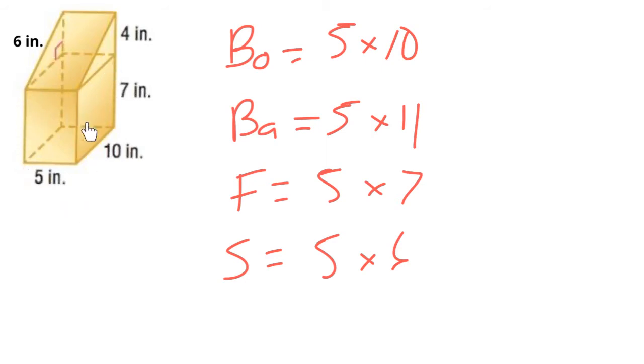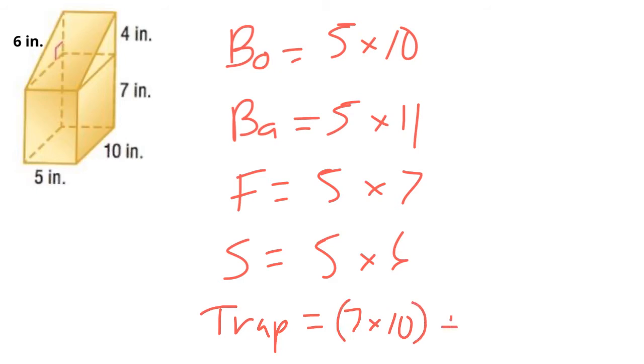And then I have to find these two. So the area of the trapezoid, I'll just call it the side or the trapezoid. Well, that's a little trickier because we actually have 2 pieces. So we have this 7 by 10, which is the rectangle.